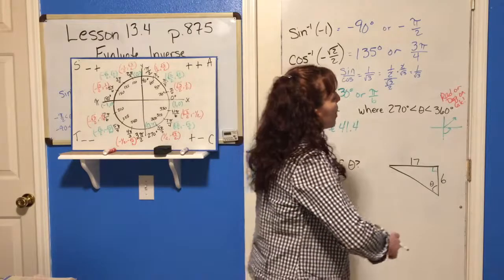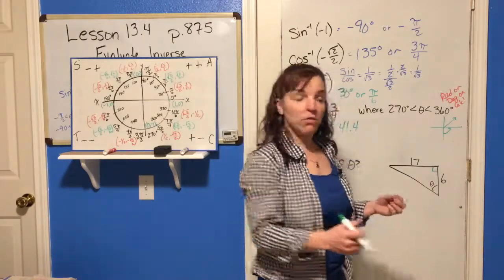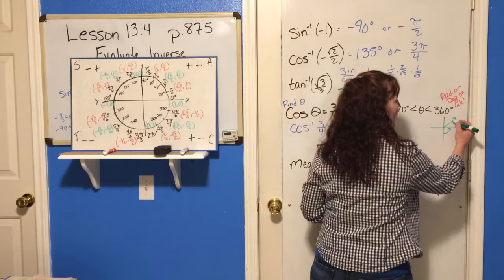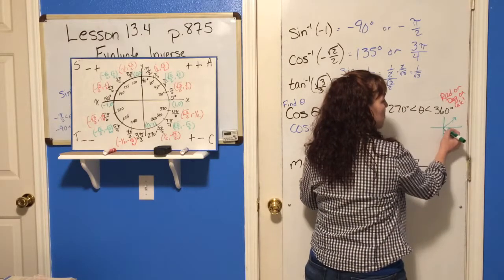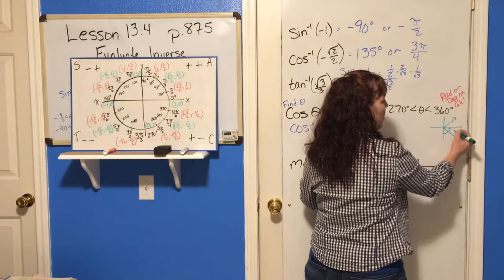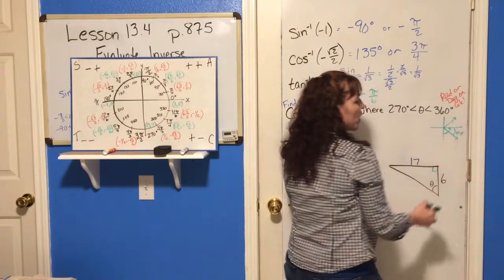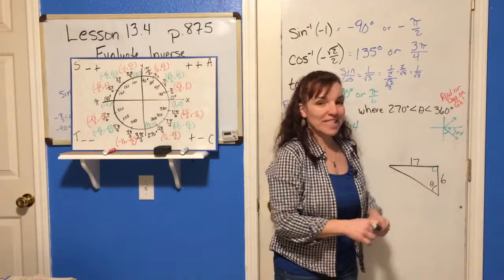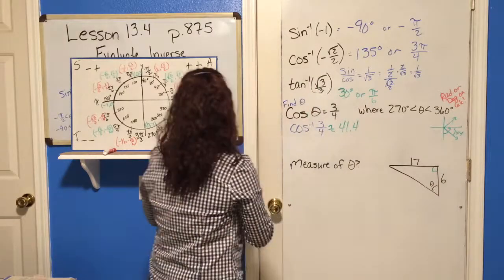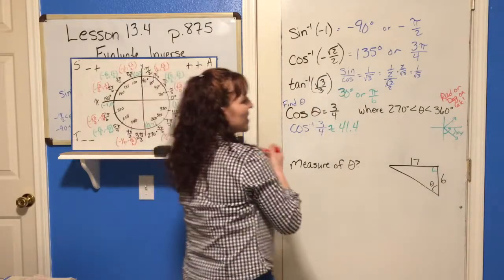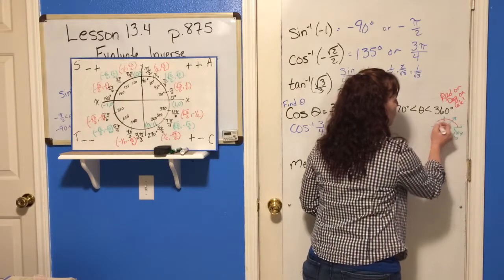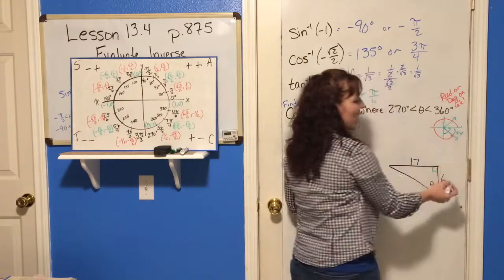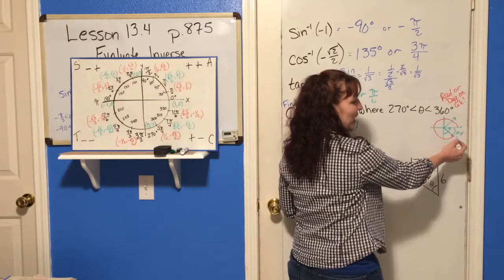So what I want is to use the reference angle. If I'm using the reference angle, I want 41.4 downward, right? So I want 41.4 here. So using that reference angle, remember, we can take the whole circle, because this is the angle we want from all the way from here to here.